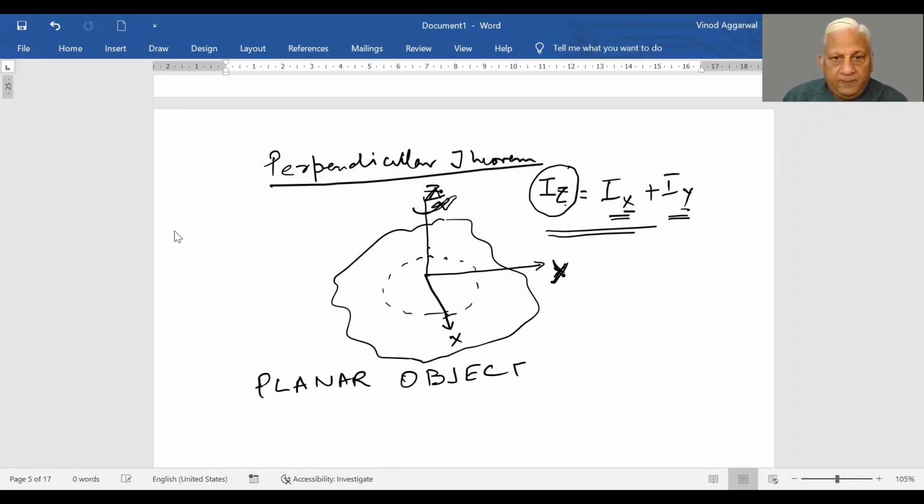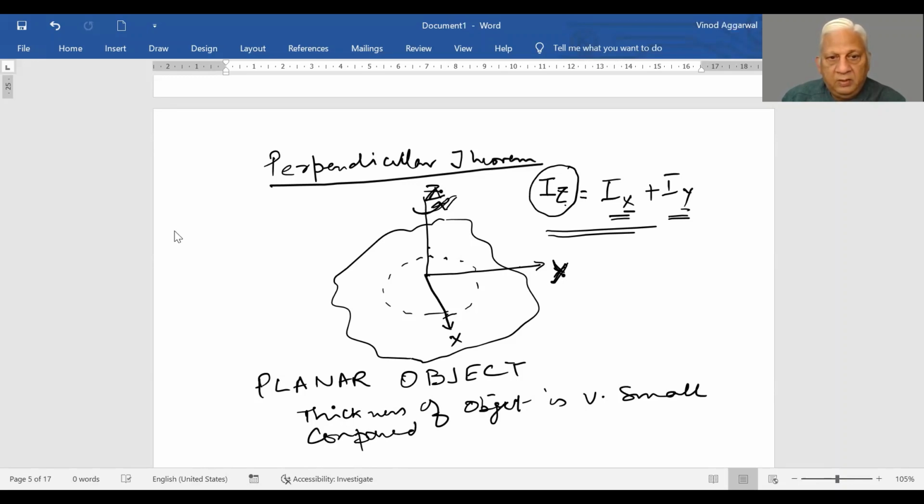It means the thickness of the object is very small compared to other dimensions.